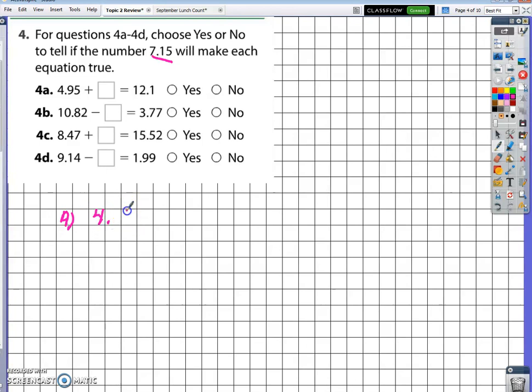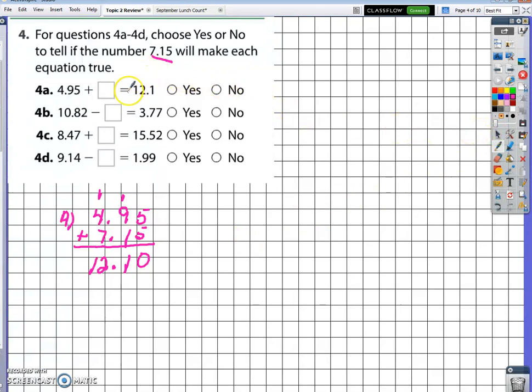4 and 90/500 plus 7 and 15/100, and I'm just going to add those two together and see what I get. 5 and 5 is 10, 9 and 1 is 10, plus 1 is 11, 7 and 1 is 8, and 4 is 12, decimal, and I have 12 and 1000ths.